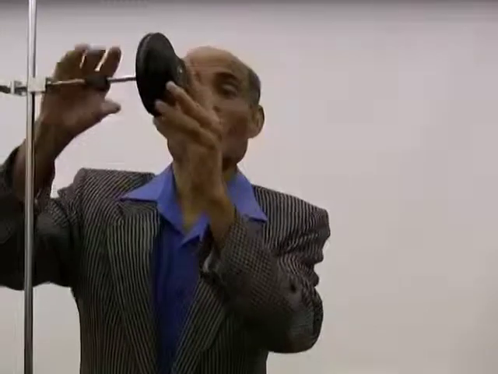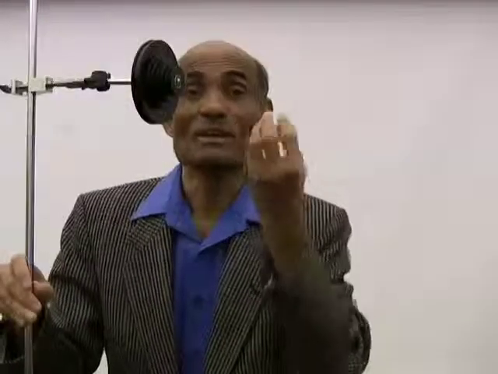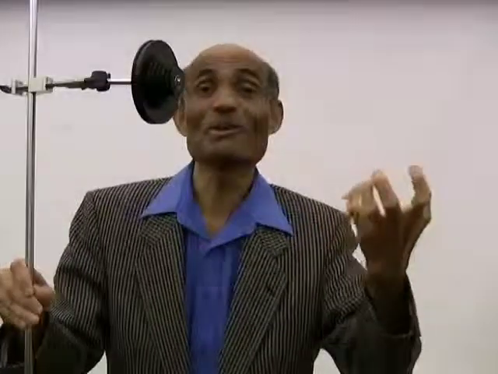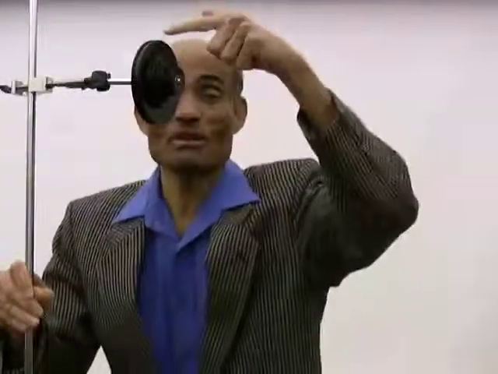Now you can see the disk is not rotating now. If I set this into rotation, its angular velocity is going to increase from 0 to some value. That means the angular velocity is changing. If the angular velocity changes, it means there is angular acceleration. So if the angular velocity keeps on changing, then you have angular acceleration.